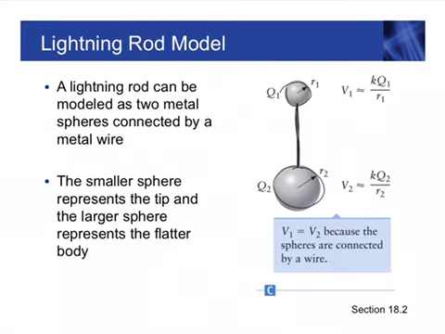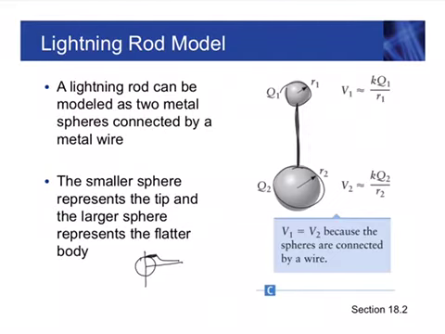Remember I told you in the previous videos that inside a conducting sphere, like a metal sphere, electric potential is always constant and equal to its value on the surface. Basically, that's just how metal works. Electric field is zero inside the metal, but electric potential is a constant value inside the sphere.